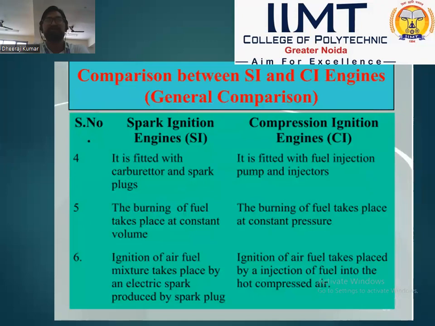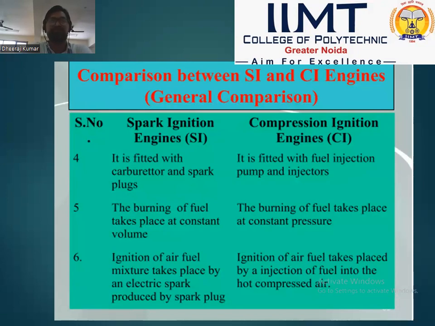The SI engine is fitted with a carburetor and spark plug. The carburetor is used to mix air and fuel and send it inside the cylinder. The CI engine is fitted with a fuel injection pump and injector.